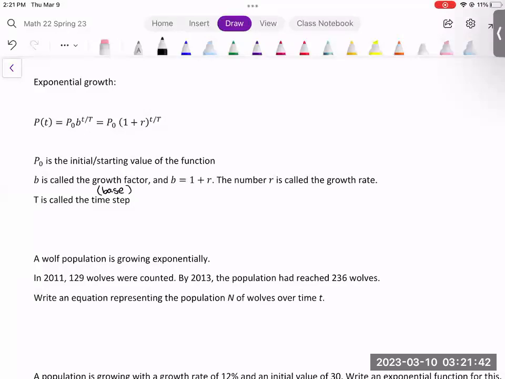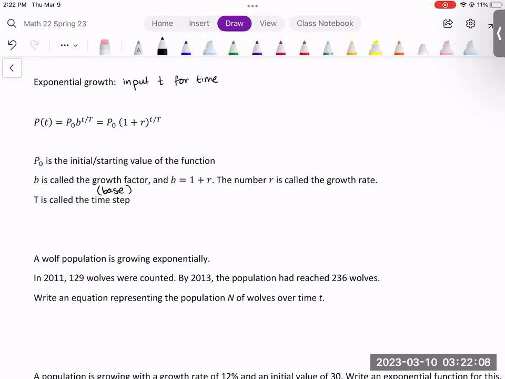Okay, now we're going to look at an application of this called exponential growth. So in this setting, we're going to be thinking of a population or an amount of money looked at over time. So our input is going to be t, little t for time.